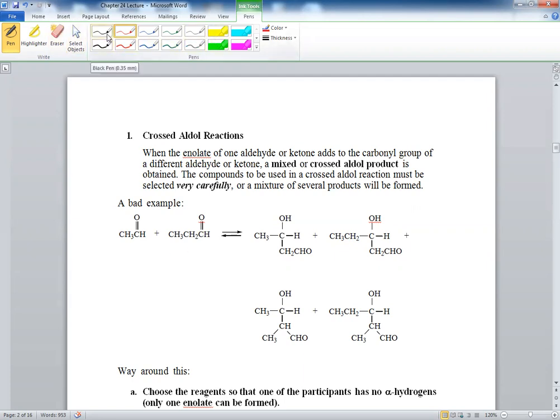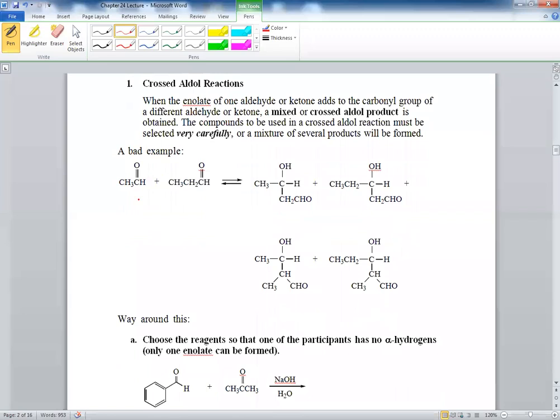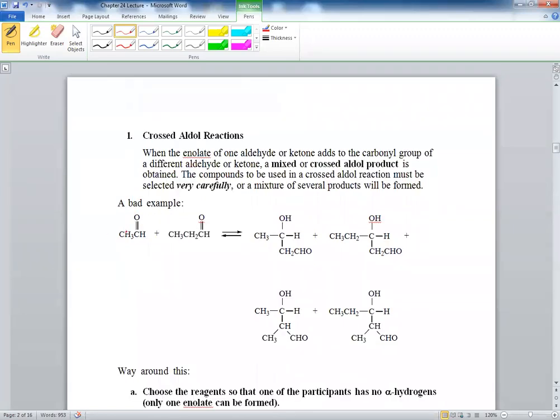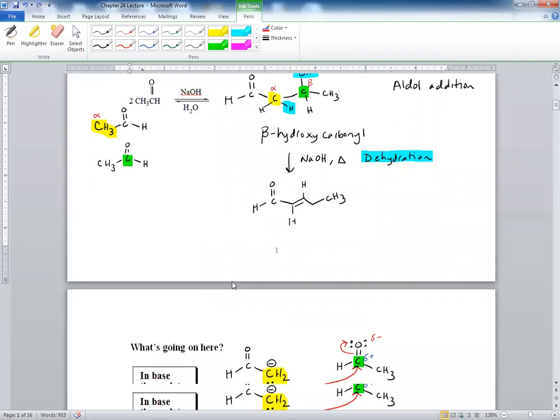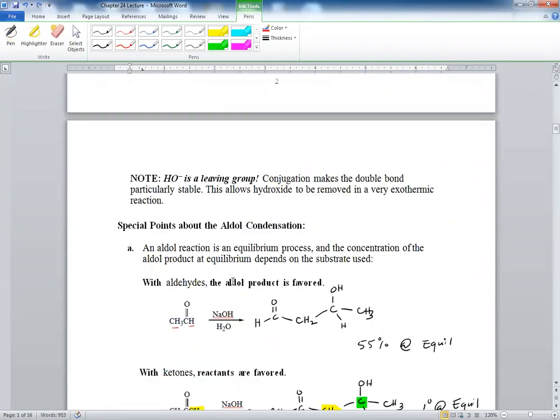So this is what it means. It means if you have a round bottom flask in the lab, and you put an aldehyde right here with another aldehyde, notice there are 2 different groups.